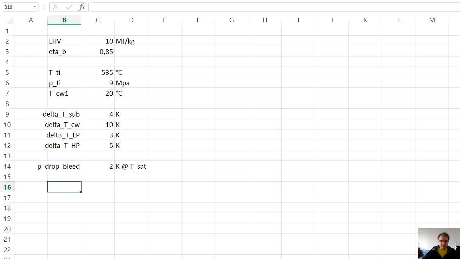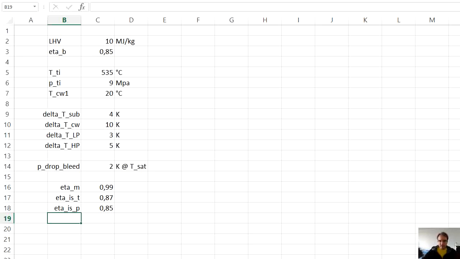And lastly, we will need to specify some efficiencies of our equipment. All rotating equipment will have a given mechanical efficiency of 0.99. Then the turbine will have a specified isentropic efficiency of 0.87. Also, pumps will have a specified isentropic efficiency, and we will assume 0.85.